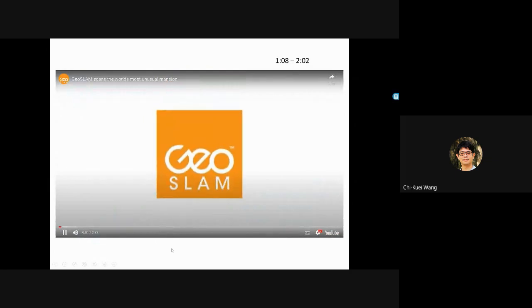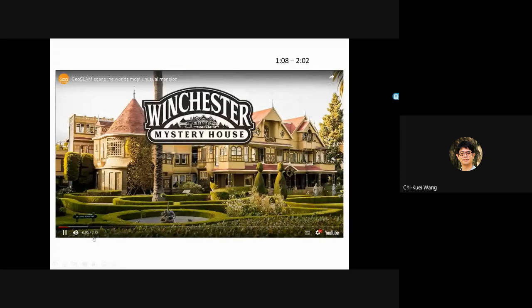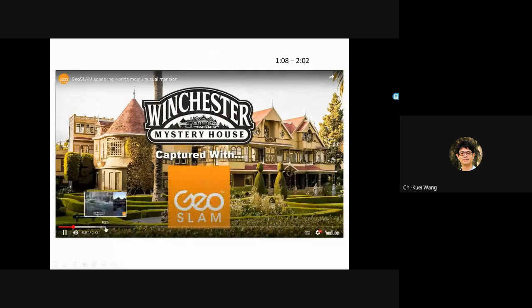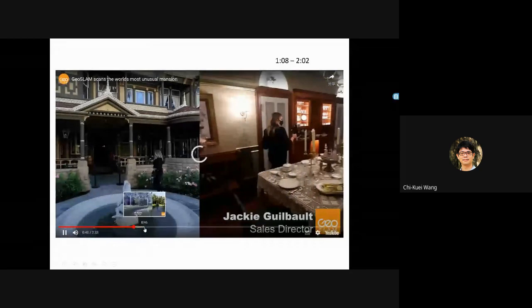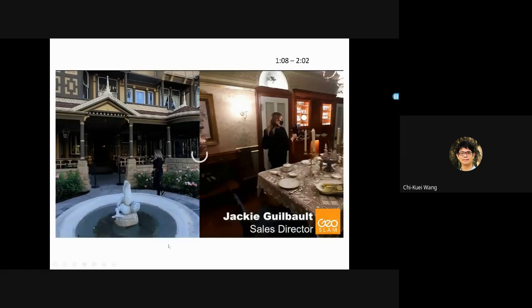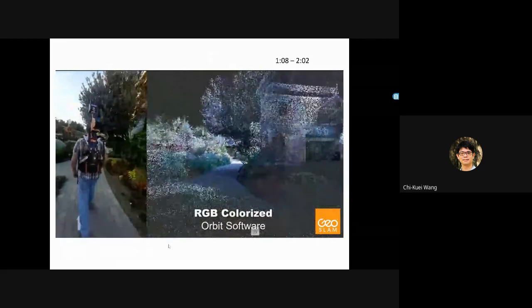So this is a commercial mobile scanner system. Interesting to watch is that they are scanning a mansion, a very large building with many rooms.